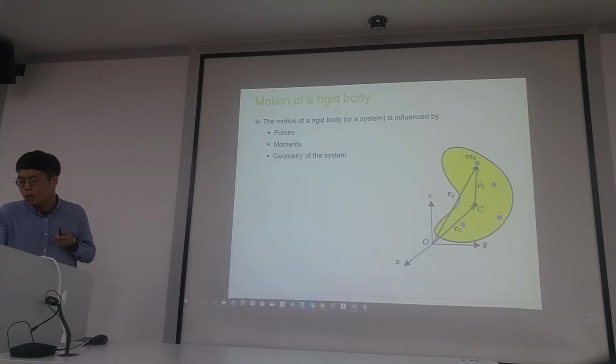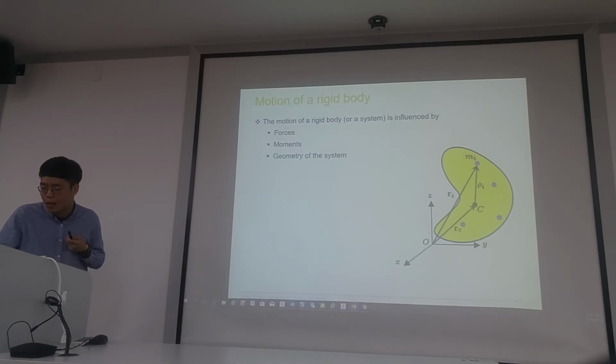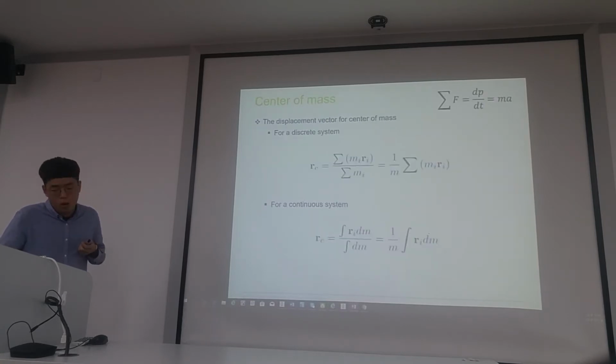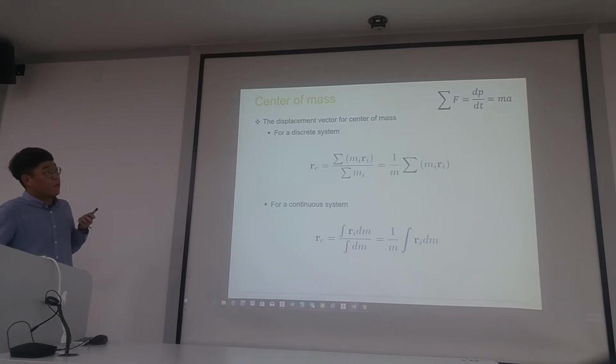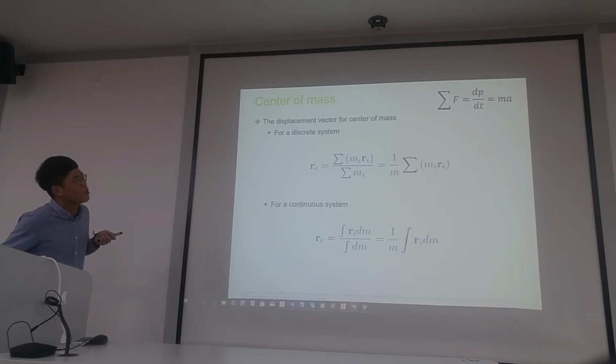Forces and moments are usually determined by external causes, but the geometry of the system may be related to the mass of the system and the moment of inertia, which means it is determined by the characteristics of the system. From the second law, external force equals ma, so we should define the center of mass.